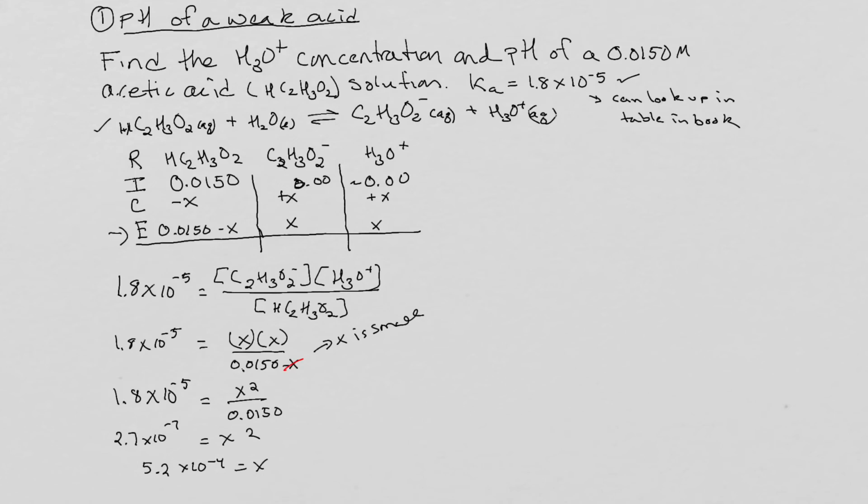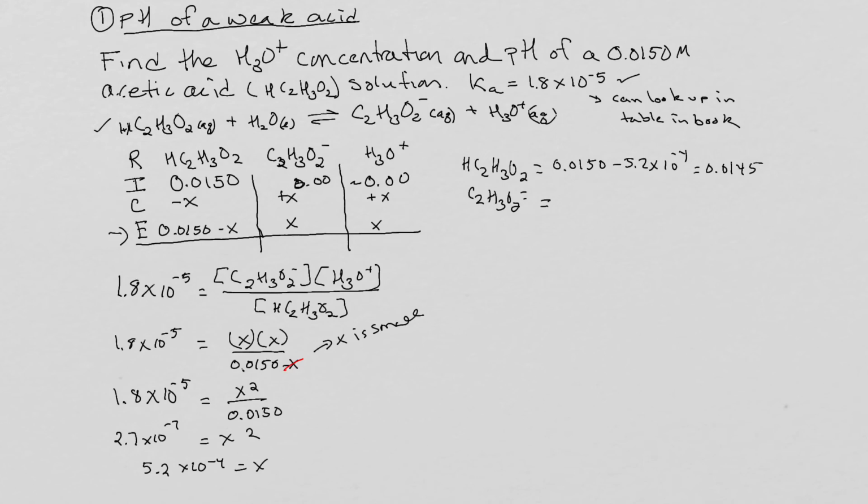So for our acid, it's going to equal 0.0150 minus 5.2 times 10 to the minus 4. And so this is going to equal 0.0145. Then for our conjugate base, or acetate ion, it's simply going to equal x.